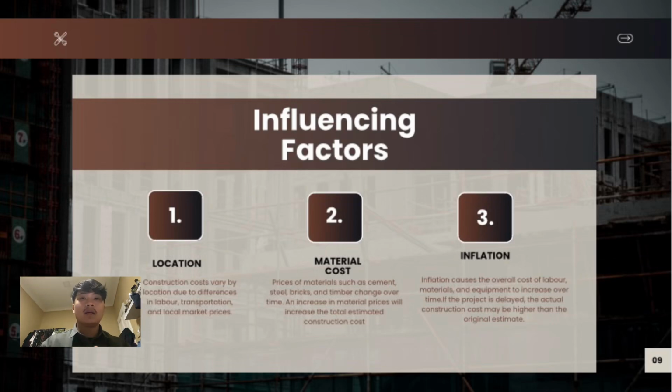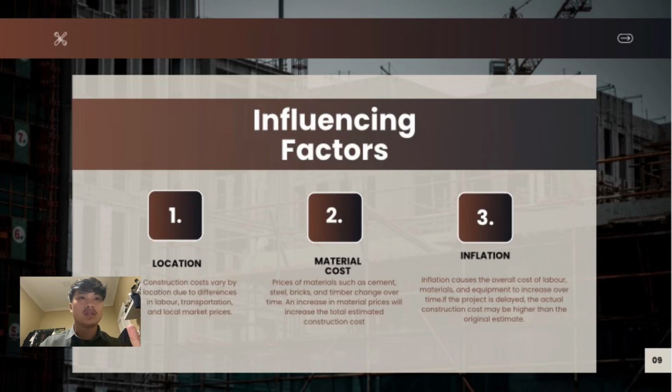So we discussed the influencing factors. Number 1, the location. Construction costs vary by location due to differences in labor, transportation, and the local market price. Number 2, the material cost. Prices of materials such as cement, steel, bricks, and timber change over time, and an increase in material prices will increase the total estimated construction cost.